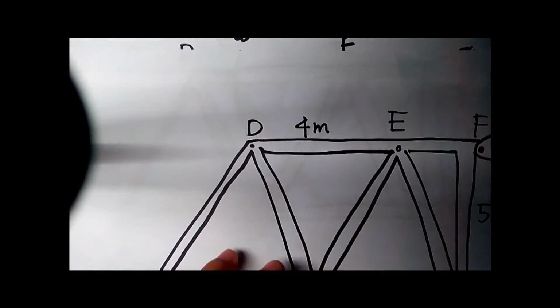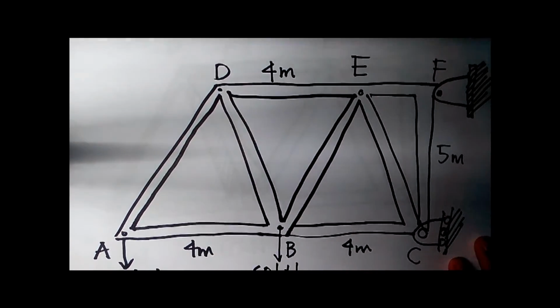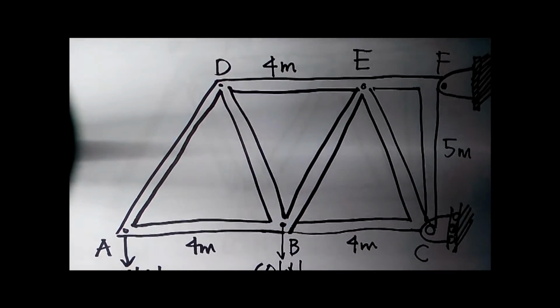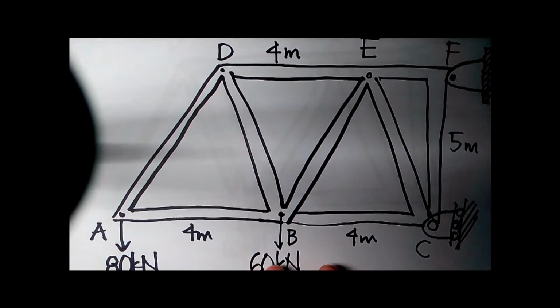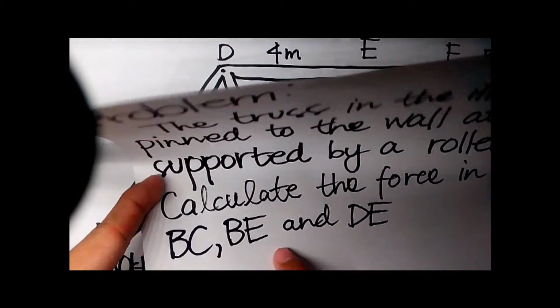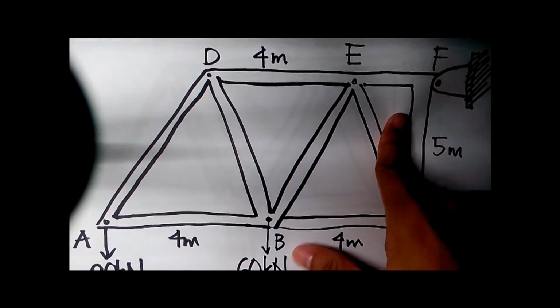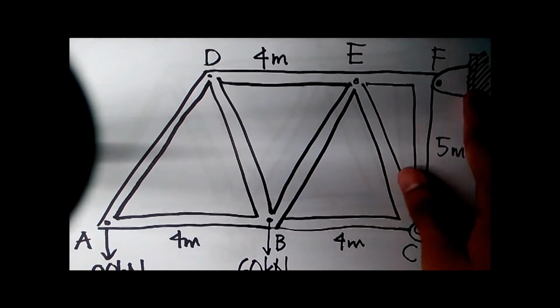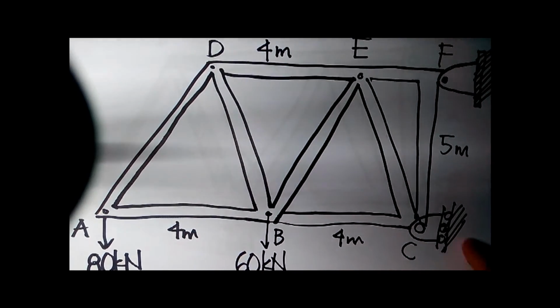So this is the illustration. So you were asked to solve BC, BE, and DE. This is the one pinned at point F, and here is the roller at point C.